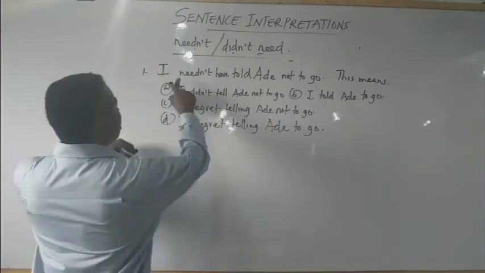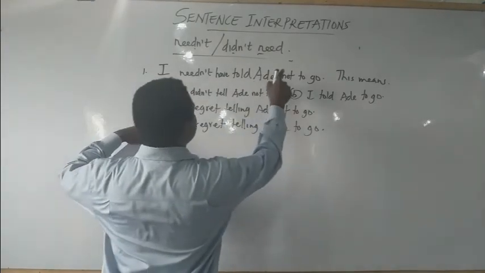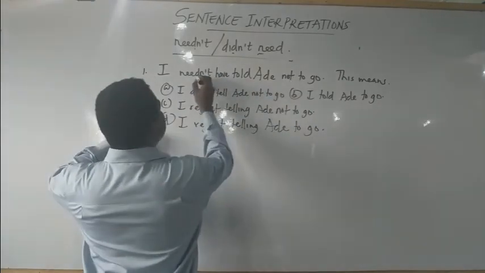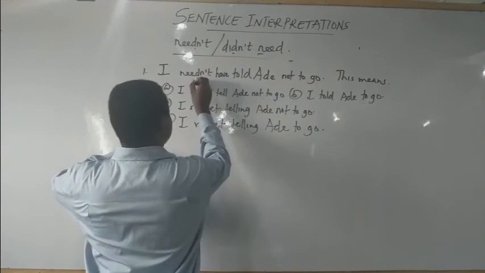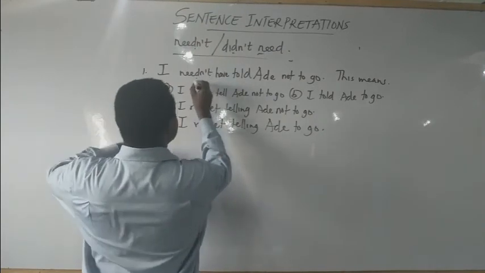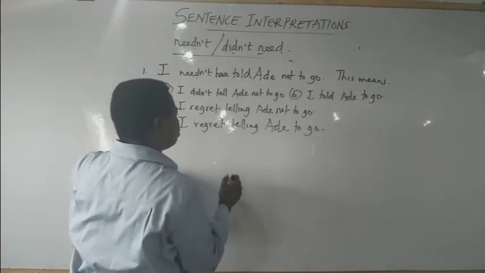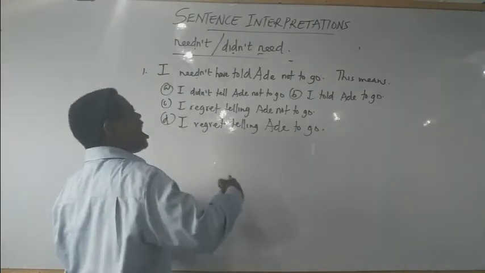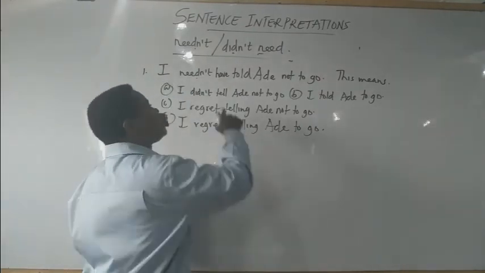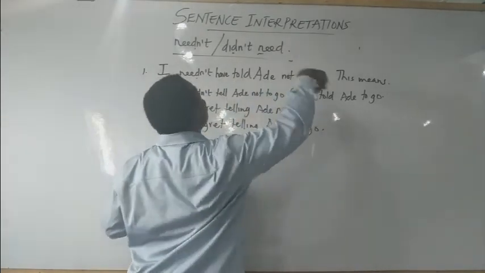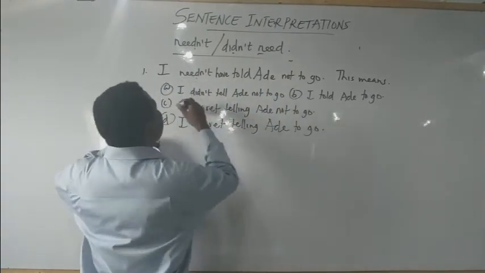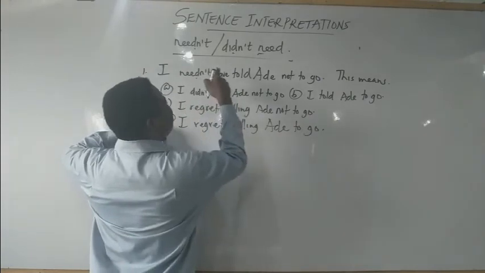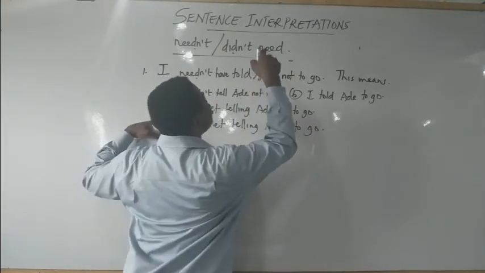Now let's check. "I needn't have told Ade not to go" means it is not necessary to tell Ade not to go, but I went ahead and told him not to go. Therefore, I regret telling Ade not to go.